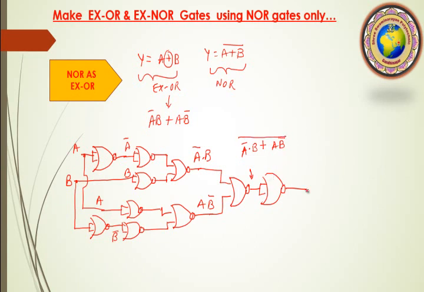Okay, and this is inverted, so a bar b plus a b bar. So all of this I am doing using only NOR gates and getting this final output which is equivalent to our XOR. So we require 1, 2, 3, 4, 5, 6, 7, 8, 9 and 10 gates to develop this.